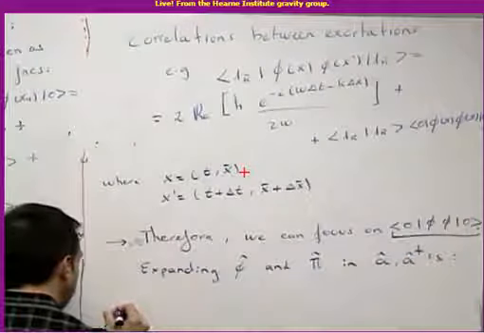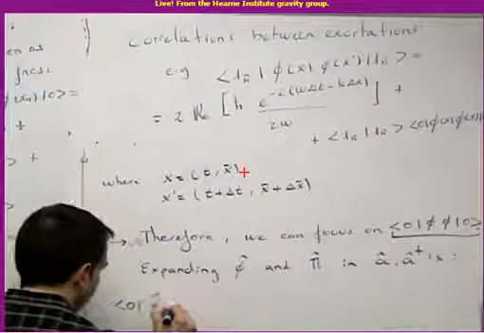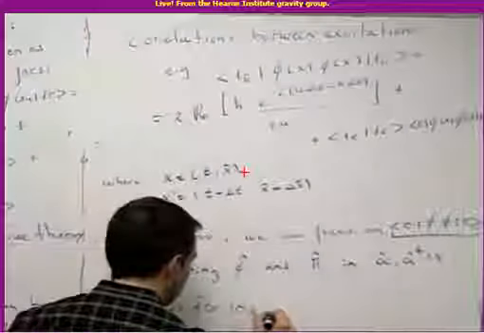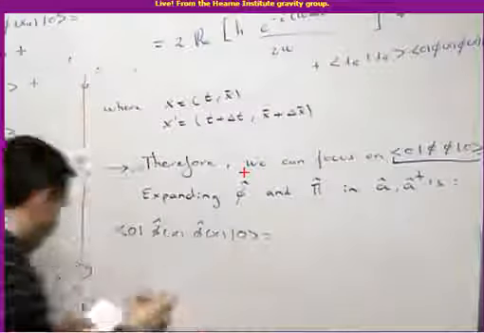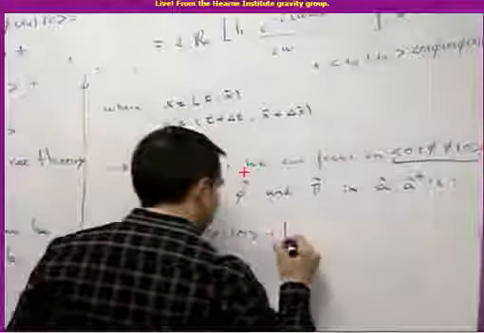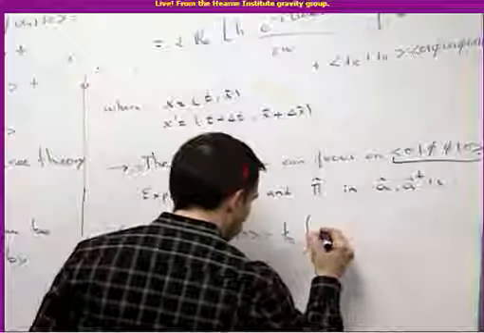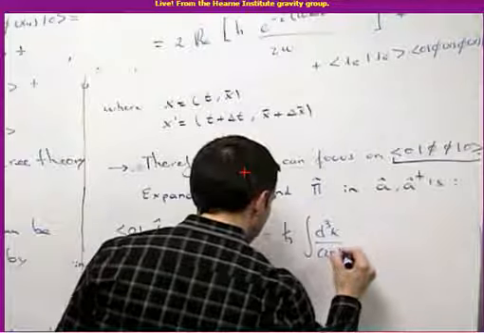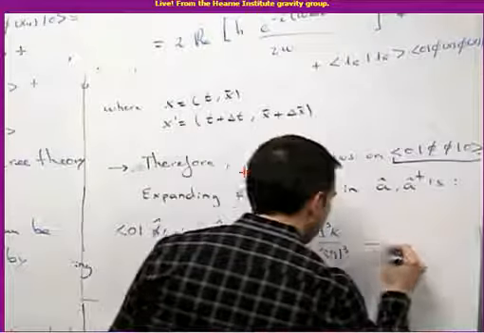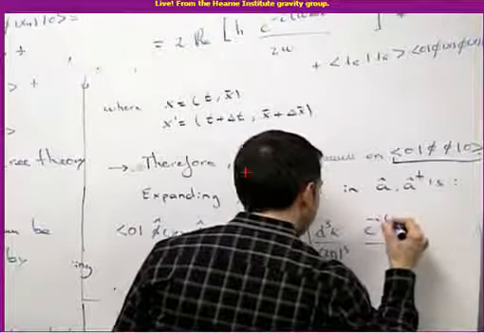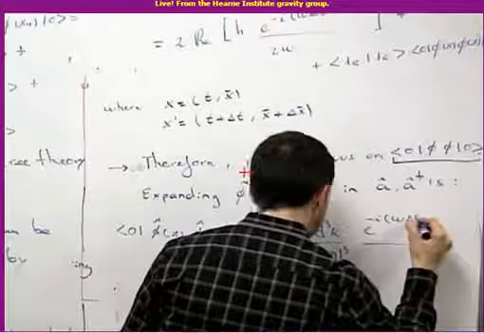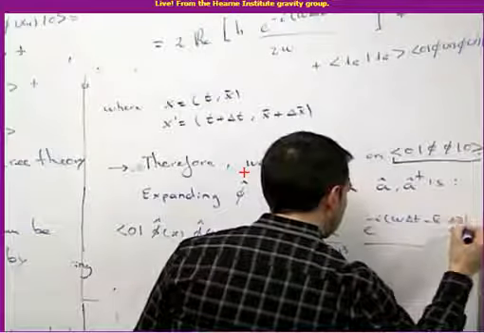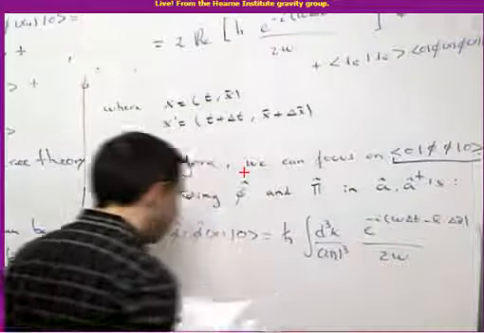What we find, you can do it, is that the 2-point function, or 2-point distribution really, is given by h bar, it is a quantum object, integral d cubed k e to the minus i (omega delta t minus k delta x) over 2 omega.